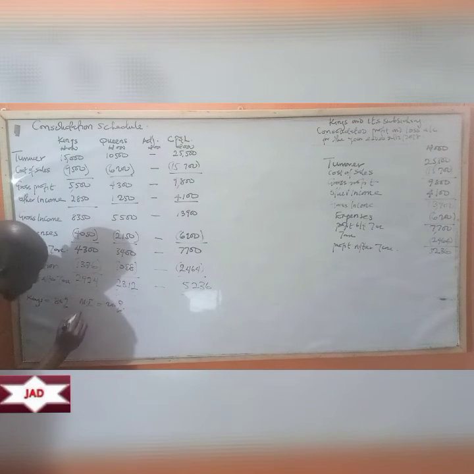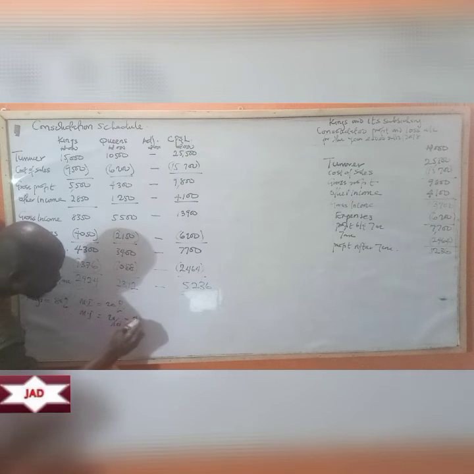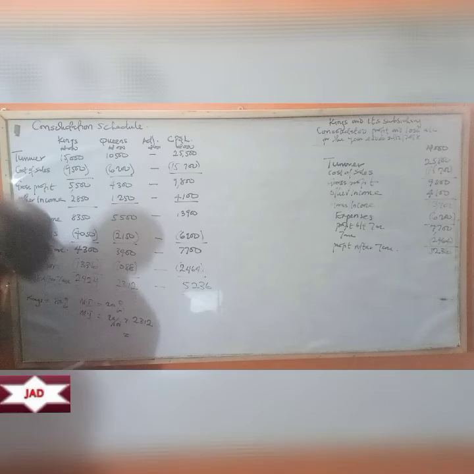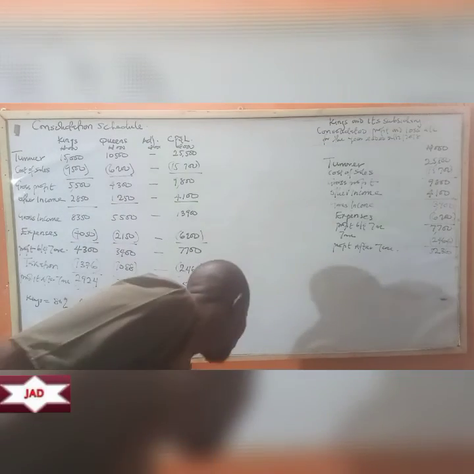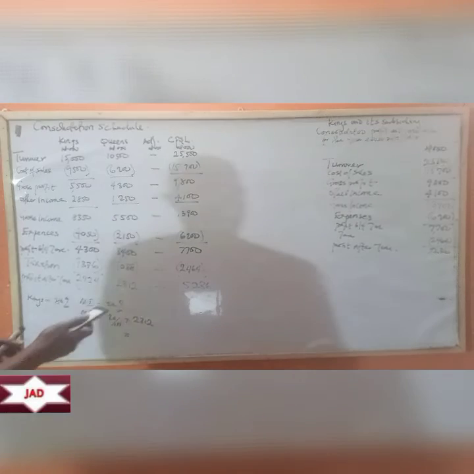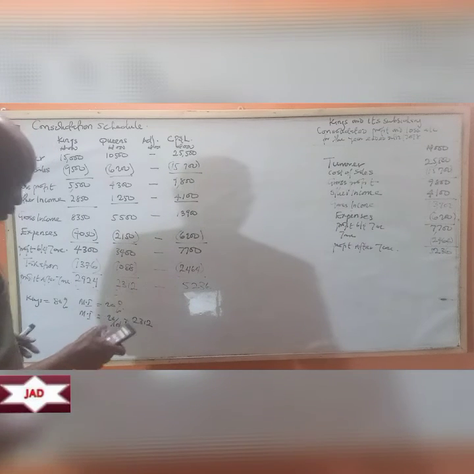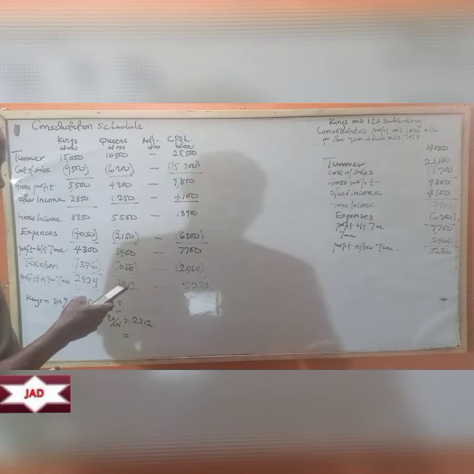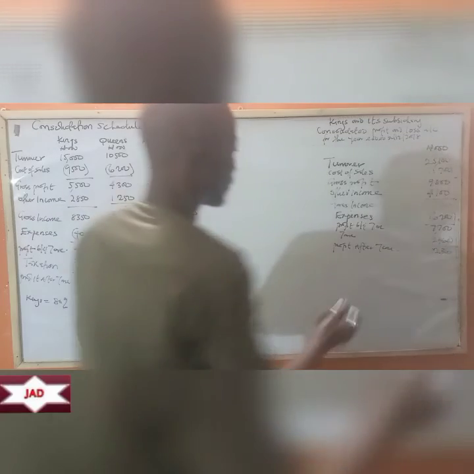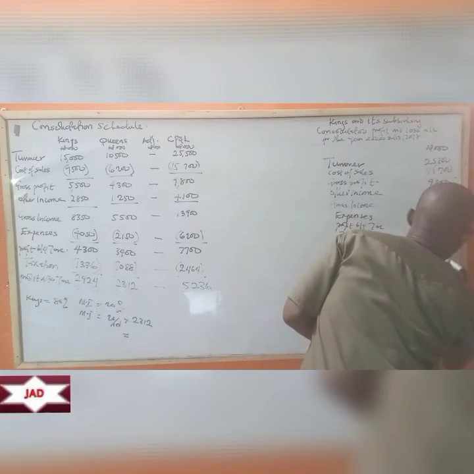So minority interest will be 20 over 100 times 2312. So we say 0.2 times 2312. We have 462.4. So let's take that out.